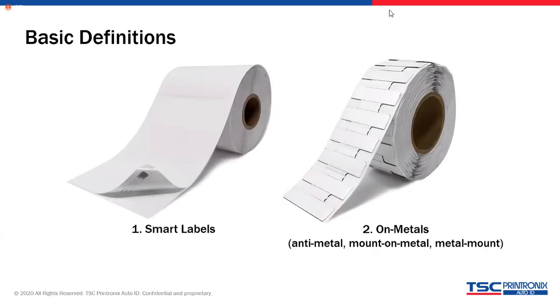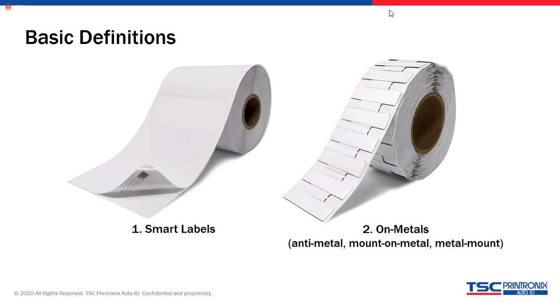So getting into the basic definitions, picture 1, you can see what we call a smart label. It looks just like a standard blank barcode label. These are rolls of labels that you put into a barcode label printer. But with a smart label, you can see in the graphic sandwiched under the face of the label, you can see that antenna construction.